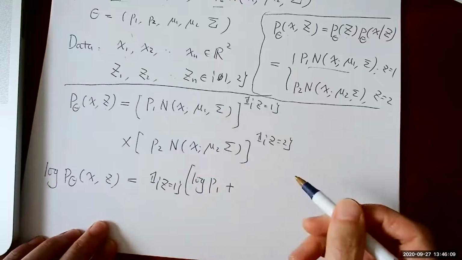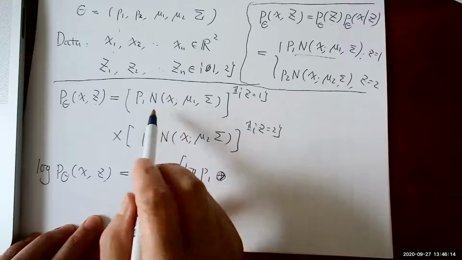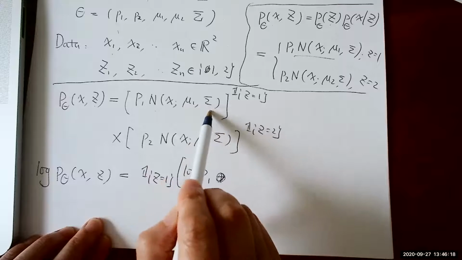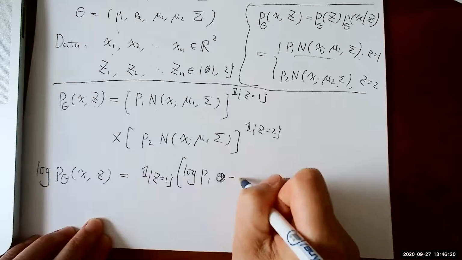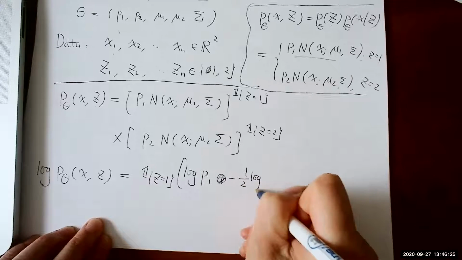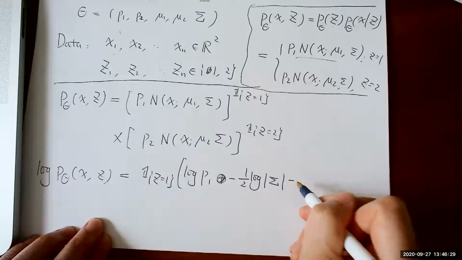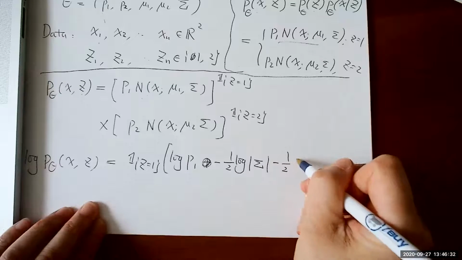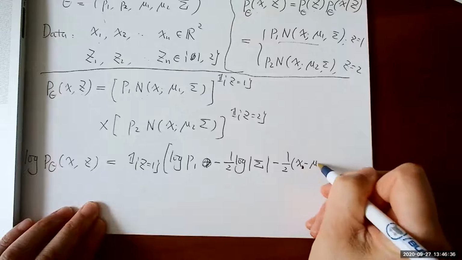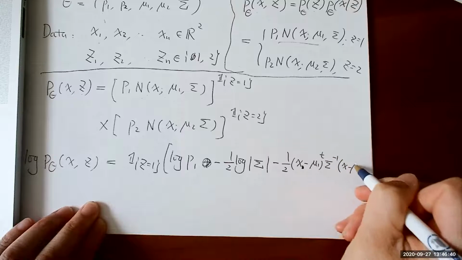I'm just going to give you the answer: the log of a multivariate density function with two-dimensional mu1 and sigma is equal to minus a half log of the determinant of sigma, minus a half x minus mu1 transpose sigma inverse x minus mu1.